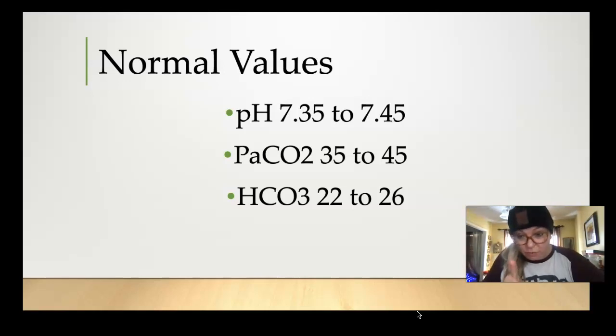You can't write them down before the exam, but once you start the exam, then you can. So write down your pH, your PaCO2, and your HCO3 up in the corner of your paper so you have them to refer to, because it gets pretty confusing. Write those normal values down before you even start question number 1, so you don't get lost. That's my number 1 tip for acid-base anyway.